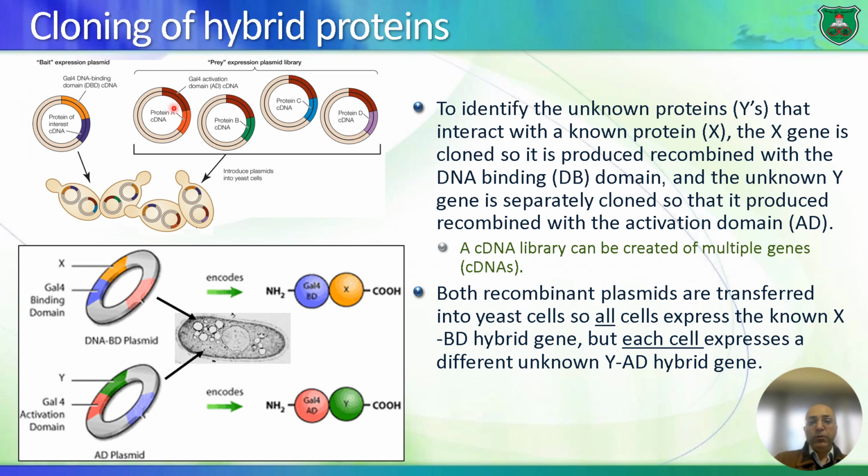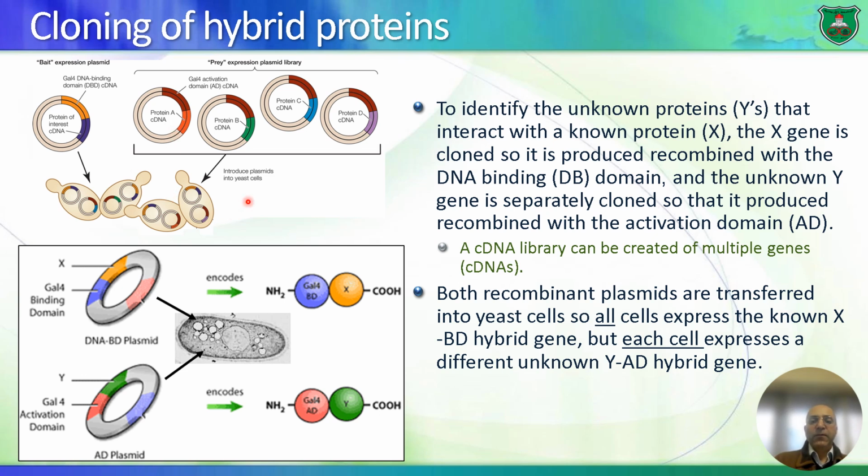So we grow the yeast cells, we isolate the plasmids, and we see what the identity of the gene that is cloned into this plasmid is. And we can identify what the protein is or what the gene is. And this is the gene that can produce a protein that interacts with X. So we can identify the X partner.